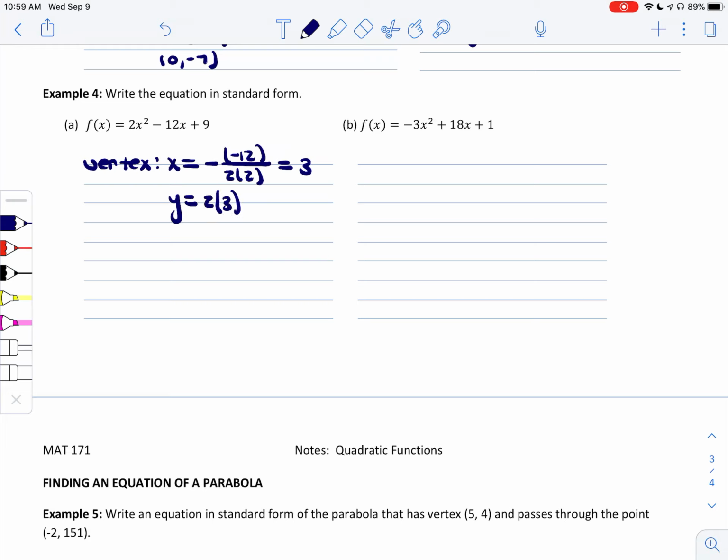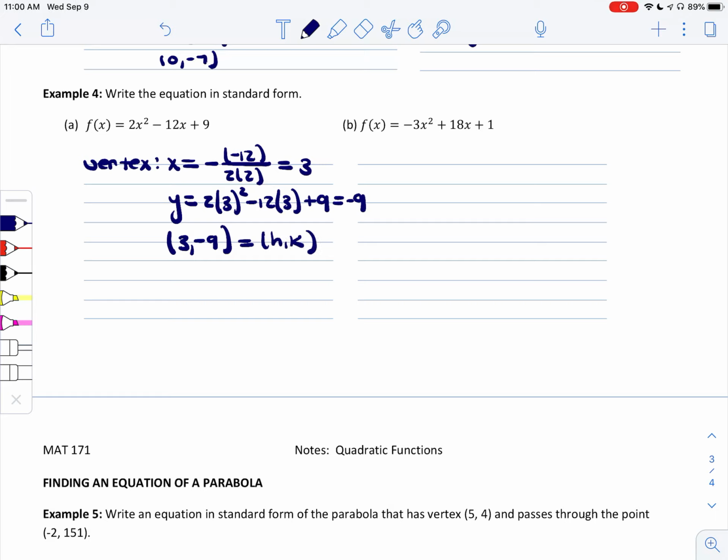So 2 times 3 squared minus 12 times 3 plus 9 would give us -9. All right, so that puts our vertex at the point 3, -9. So that is our h and k.